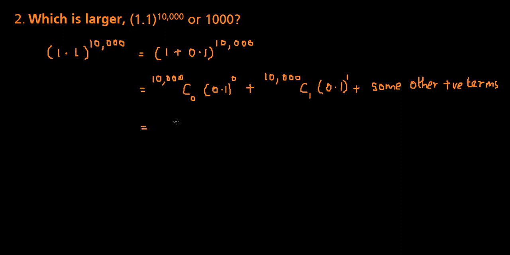Now 10,000 C0 is 1, and 0.1 raised to the power of 0 is always 1, so the first term gives us 1. Then we have 10,000, which is the value of 10,000 C1, times 0.1, plus the remaining terms.